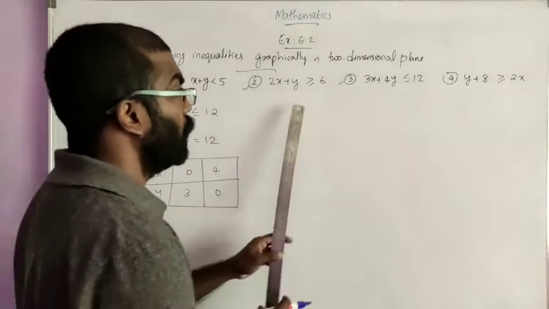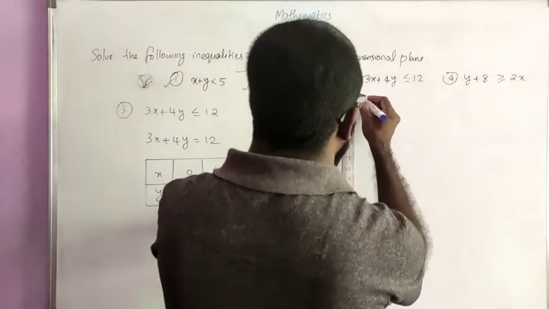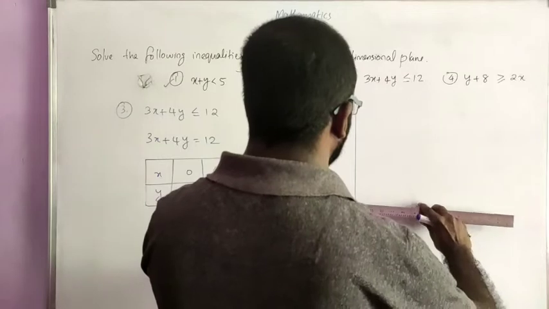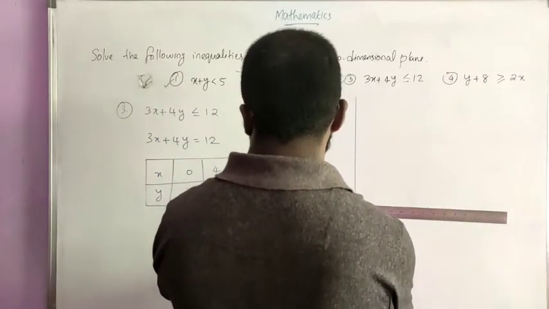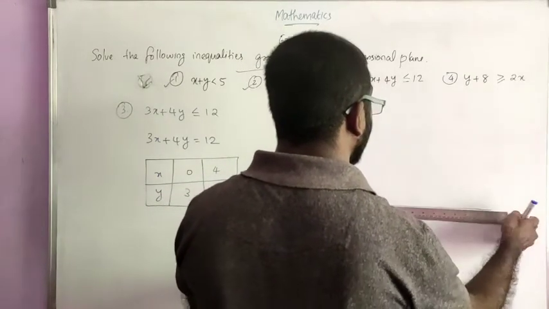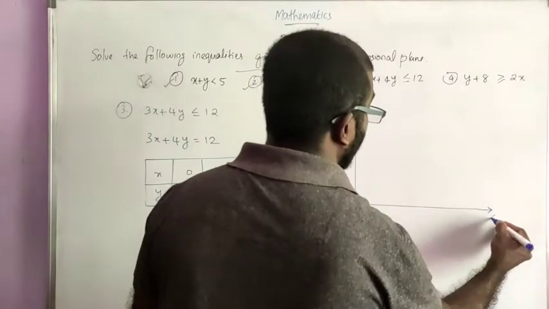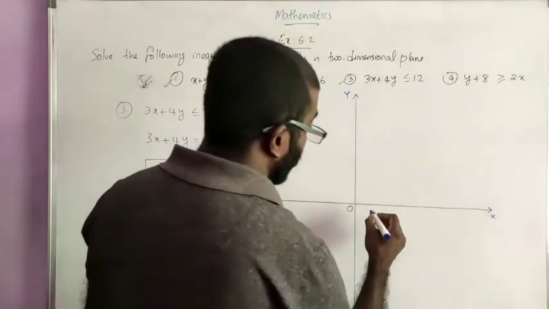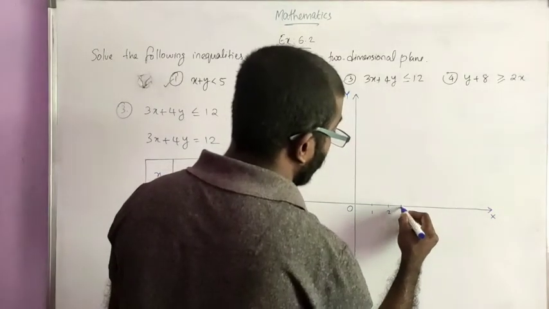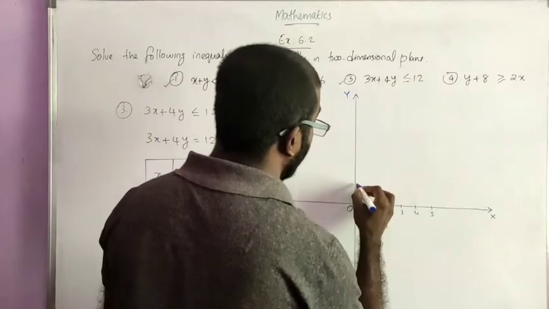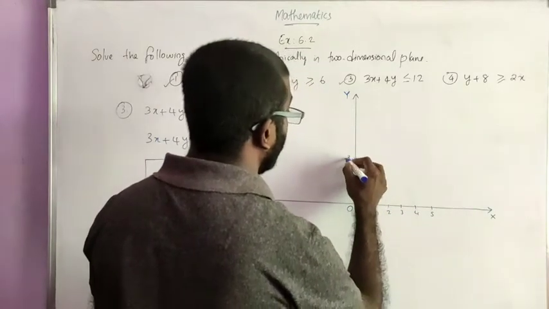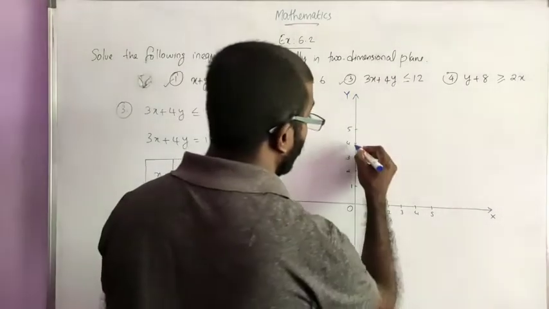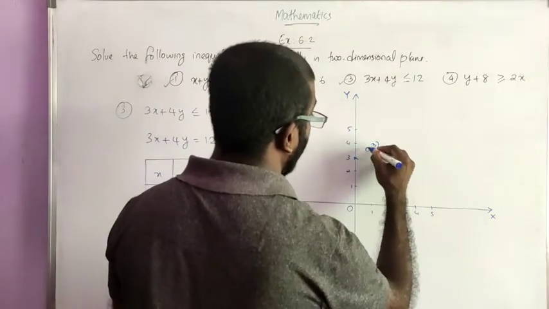These points we can plot here. X-axis, y-axis, origin. Then here we can mark the numbers 1, 2, 3, 4, 5, etc. Here also 1, 2, 3, 4, 5, etc. First point 0, 3, here 0, 3.